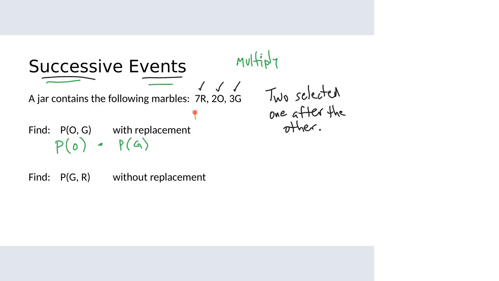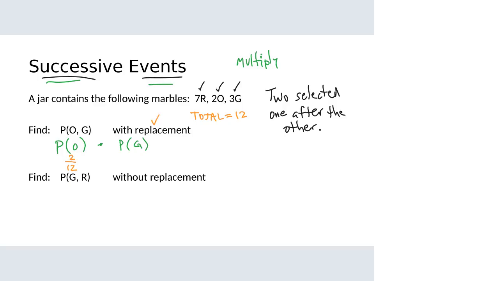I need the total: 7, 8, 9, 10, 11, 12. I have 12 outcomes and 2 successes. So the probability of getting an orange on that first draw is 2 out of 12.